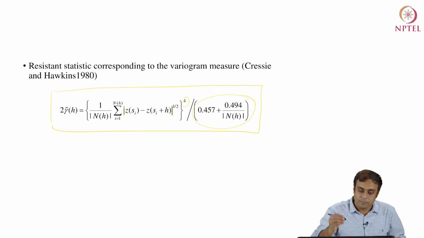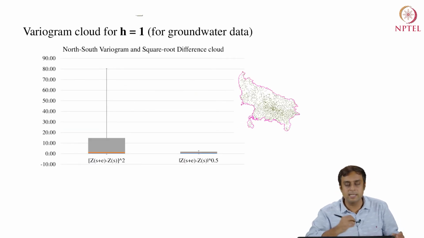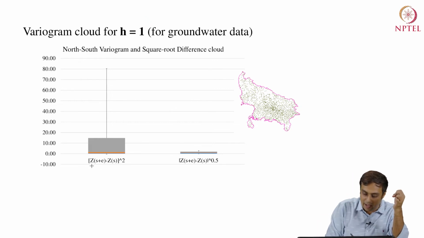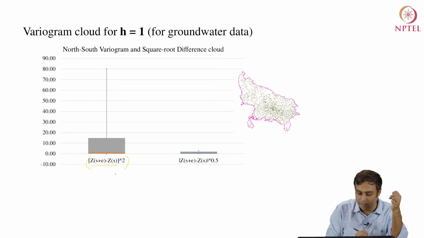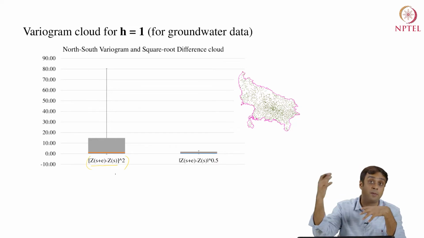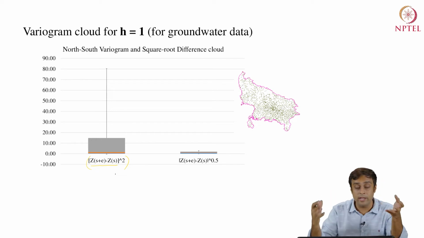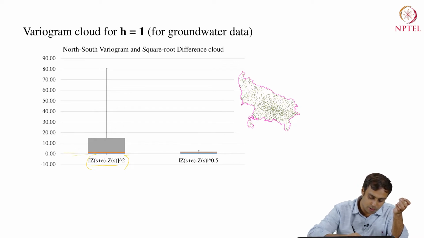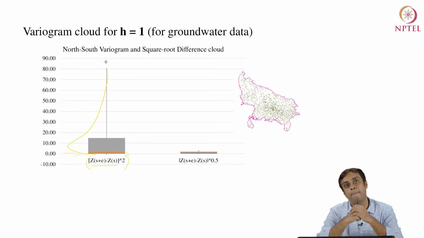So this is just an understanding of the values (Z(s_i) minus Z(s)) squared, which is the semi-variogram or the variogram cloud by itself, including the outliers. You can see that the distribution is very highly skewed to the left.